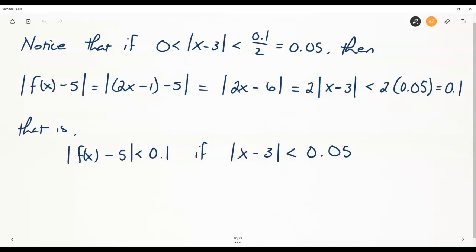If this distance right here is less than 0.05, then 2 times that value will also be less than 2 times 0.05, which is 0.1. So if we choose delta to be this value here, then the inequality that we want is guaranteed to be true. The only question now is, where on earth did that 0.05 come from?